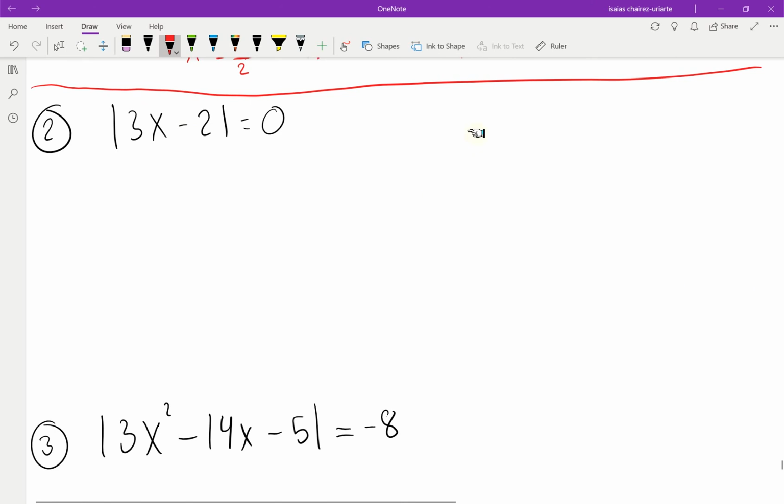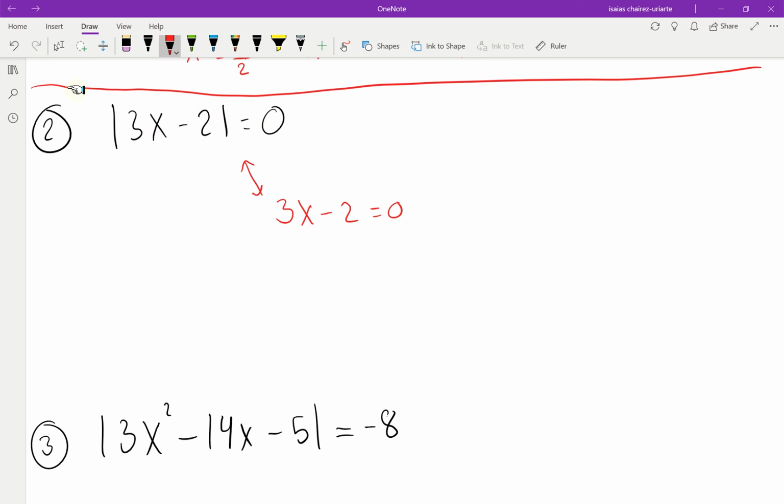So this is actually a simple situation. Whenever you have something in absolute value equals 0, it's equivalent to setting the thing inside the absolute value equal to 0. So this is equivalent to just saying 3x minus 2 equals 0, and that's it.